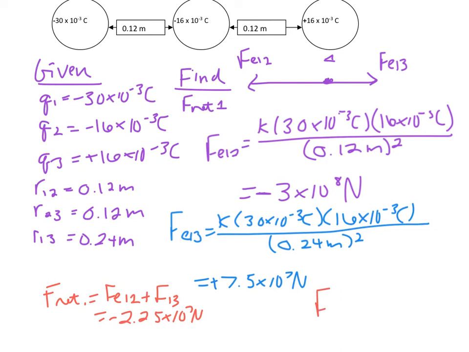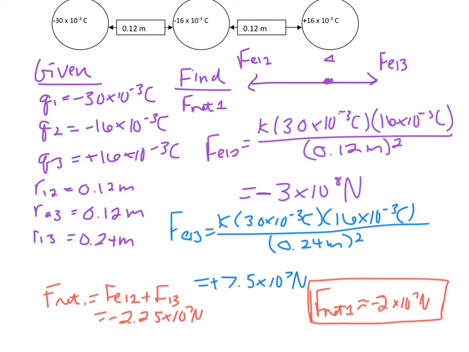So F net 1 is approximately equal to negative 2 times 10 to the 7th newtons. And it does make sense that this is negative because looking at that original diagram, the net force points to the left.